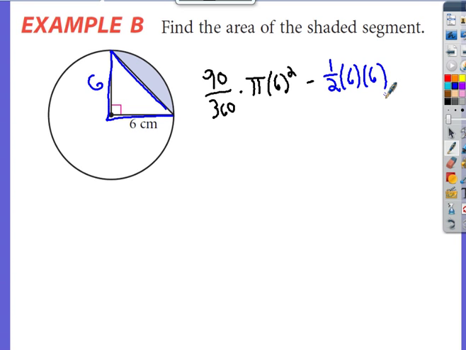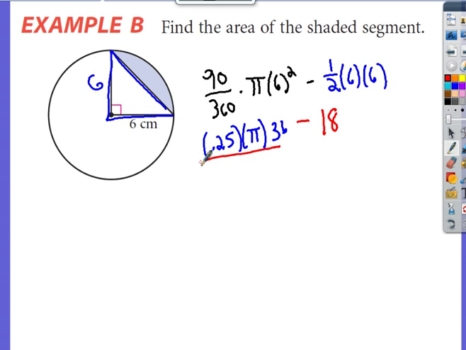90 divided by 360 is 0.25 times pi times 6 squared, which is 36. And you're going to subtract 1/2 of 6 times 6. So it's really 36 divided by 2, which is just 18.